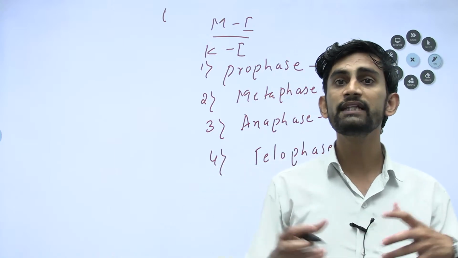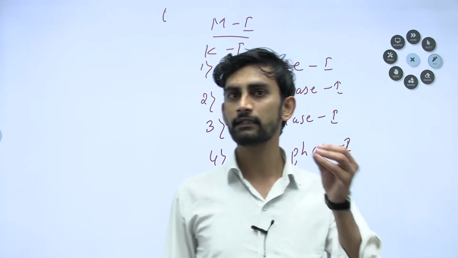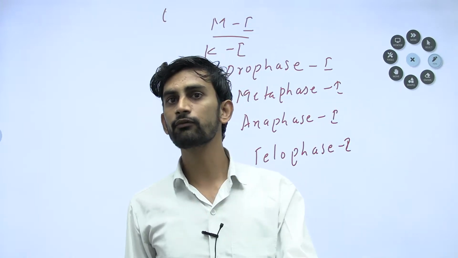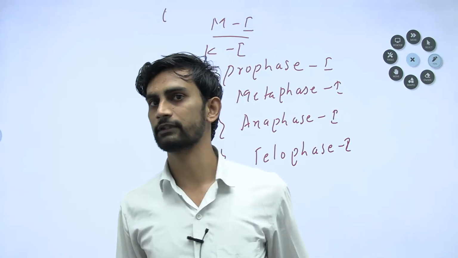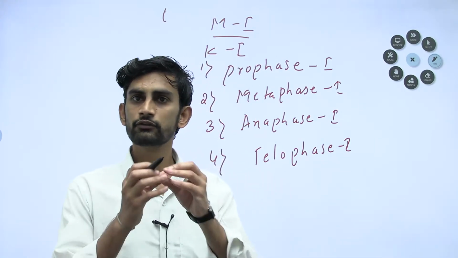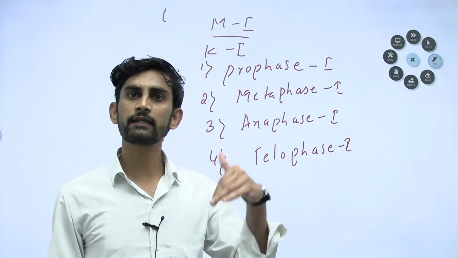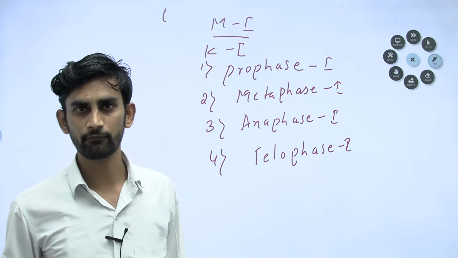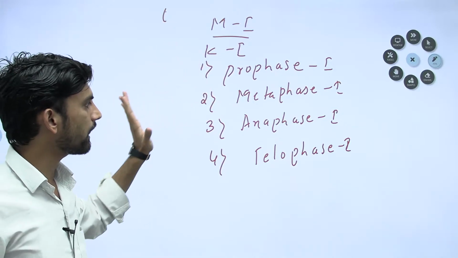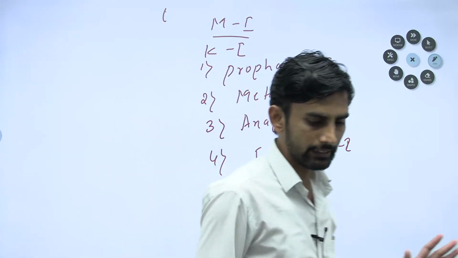Because the duplication process takes place there. The G1 phase is very short, and the G2 phase is very short or absent. This interphase before meiosis 1 is a little shorter than the mitotic interphase. After interphase comes prophase 1, metaphase 1, anaphase 1, then telophase 1.